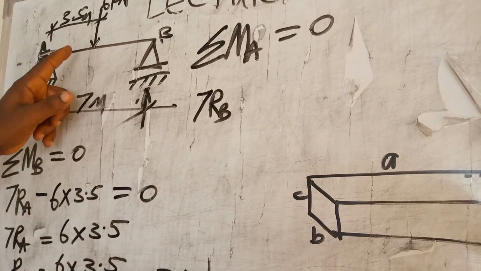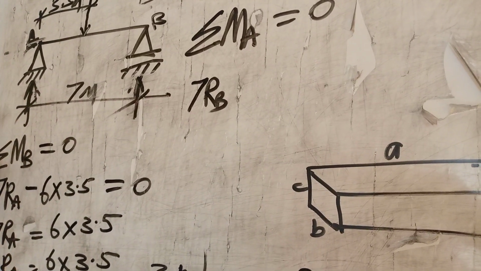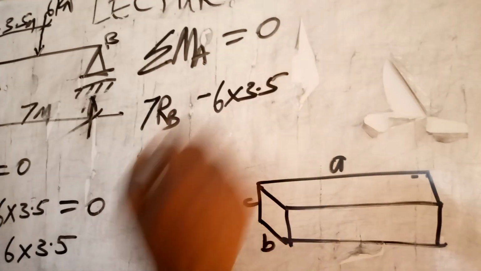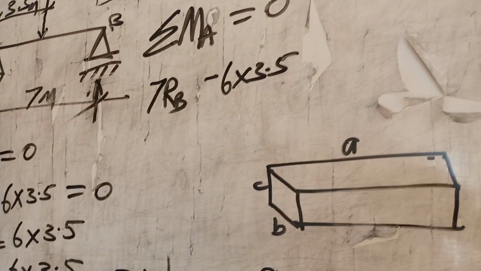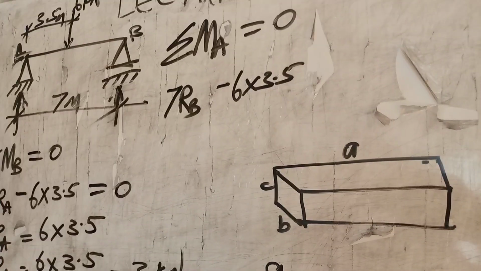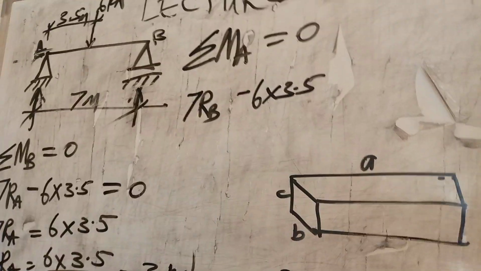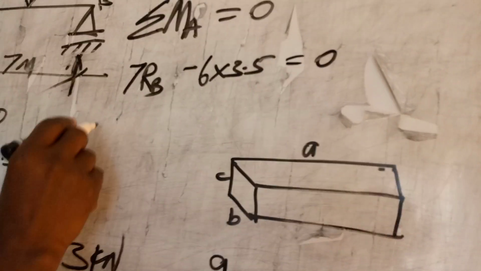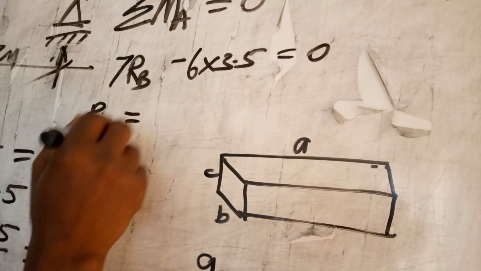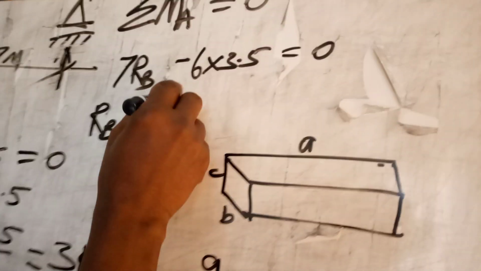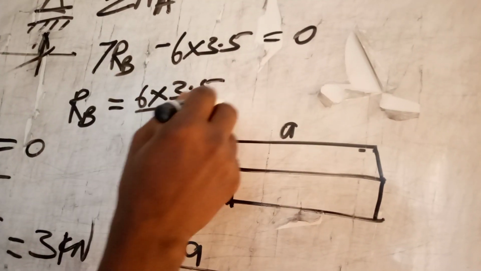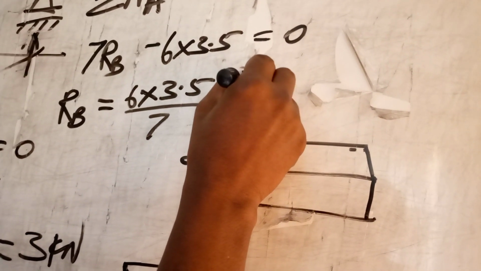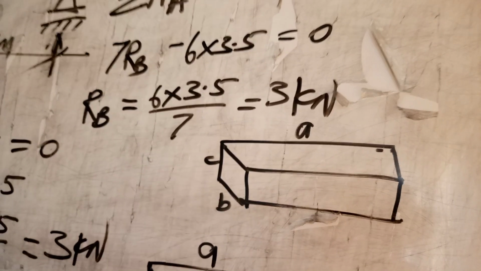Then 6 goes against it about support A, so minus 6 times 3.5. Reaction A will not have moment about its own position, because the distance of A from A is 0, so this is equal to 0. So RB is equal to 6 times 3.5 over 7, which in this case is still 3 kilonewtons, because the load is in kilonewtons.